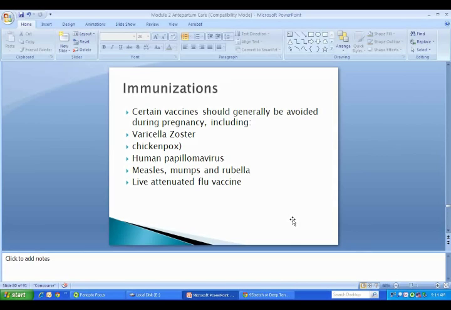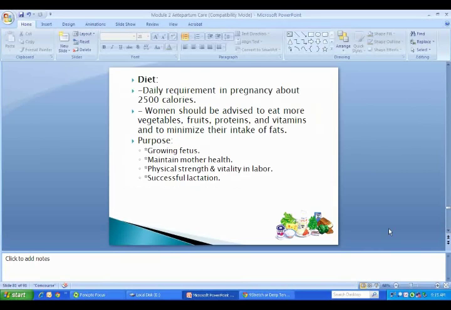So it takes longer than the one that is weakened. And that's one of the differences between the flu vaccines, the injection versus the nasal. With the one that you do nasally, you actually develop your immunity faster.